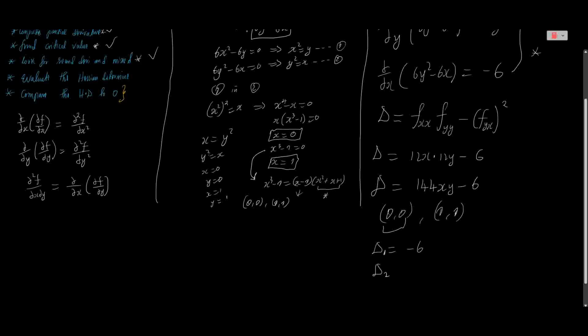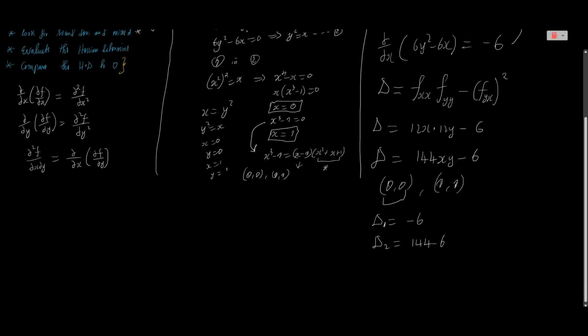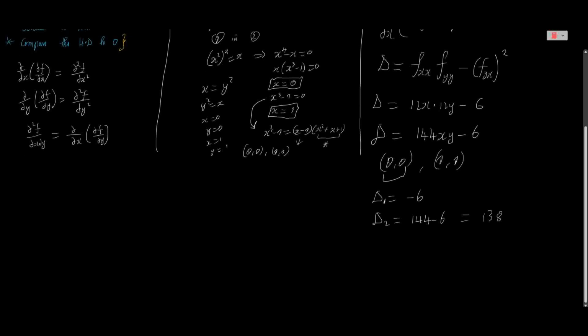And for the second point, putting 1, 1 will be 144 minus 6, which is 138. So that's the solution. Now we're getting close to our result.